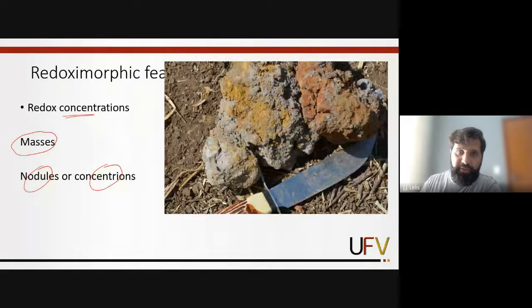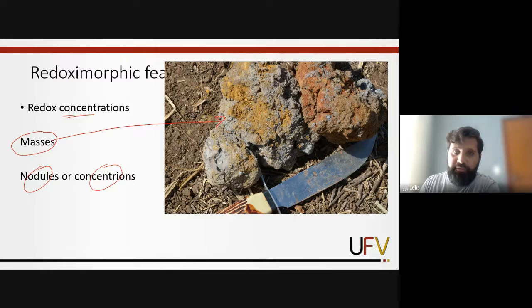In this picture, we can see the gray color of the matrix of the soil, and we have some yellow bodies and red bodies. But this material is not cemented. This material is very porous, it's very loose. So I can easily remove this material with a knife. I can take it out of the soil with a knife, something like that. So this is a mass, okay?